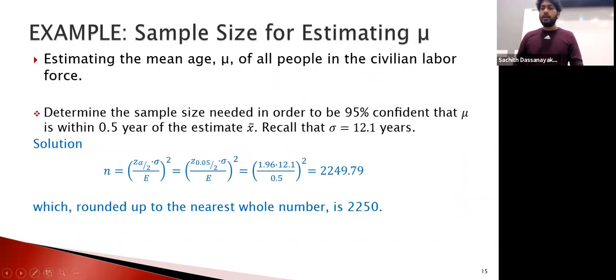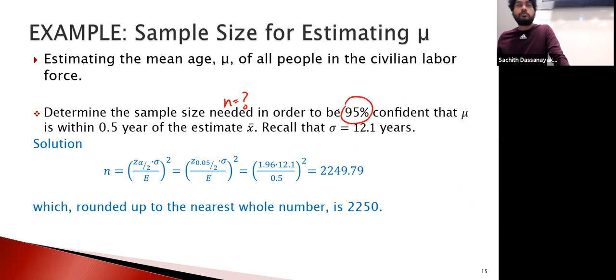Okay, there's an example. Sample size for estimating mu. So we need to find the sample size. We don't know the sample size, N. I need to find it. Confidence is 95%, within 0.5.